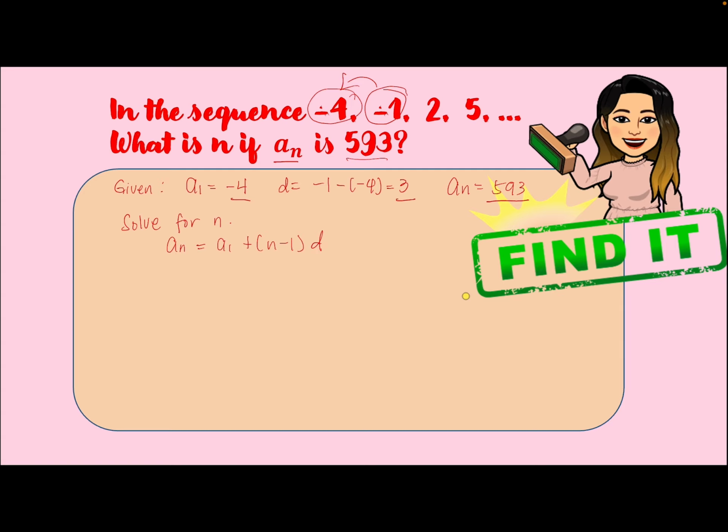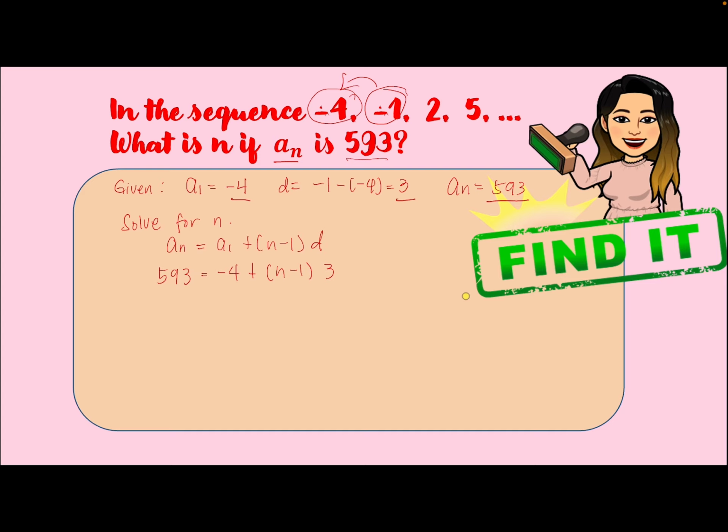Since we already have a sub n, which is 593, let us substitute: 593 is equal to a sub 1, which is -4, plus n minus 1 times d. Our d is 3. Since we're going to solve for n, we will just copy n minus 1.